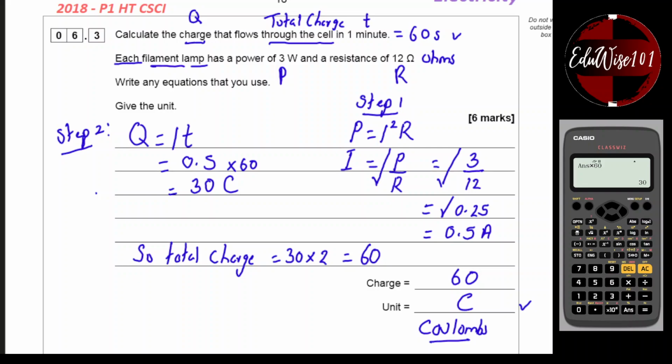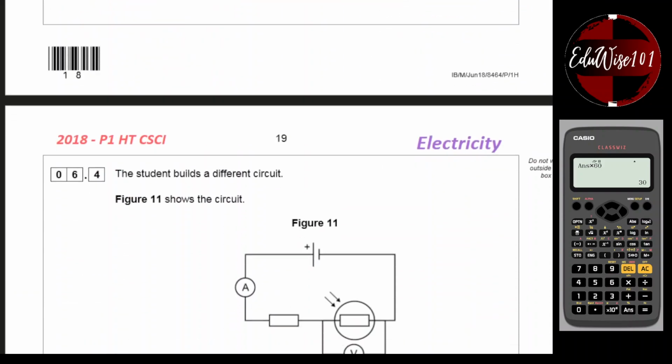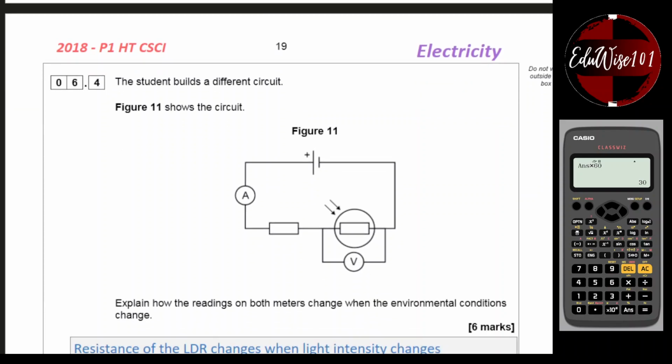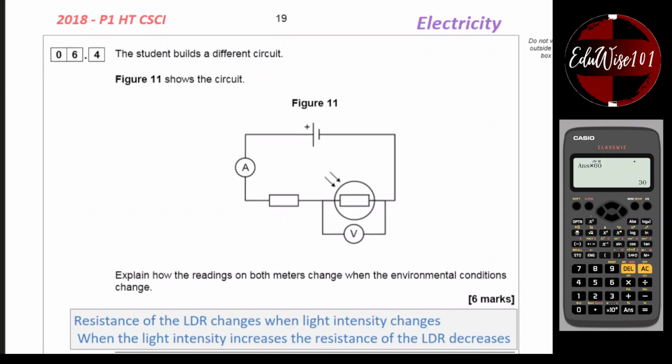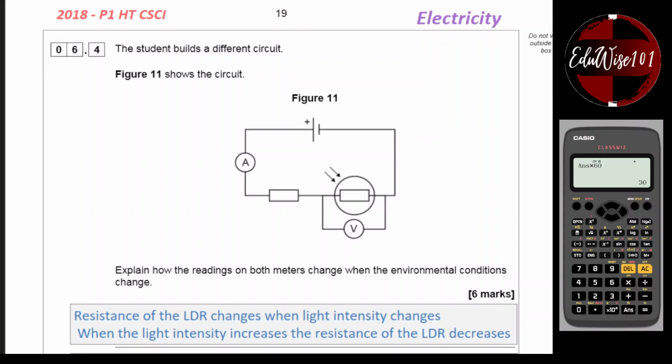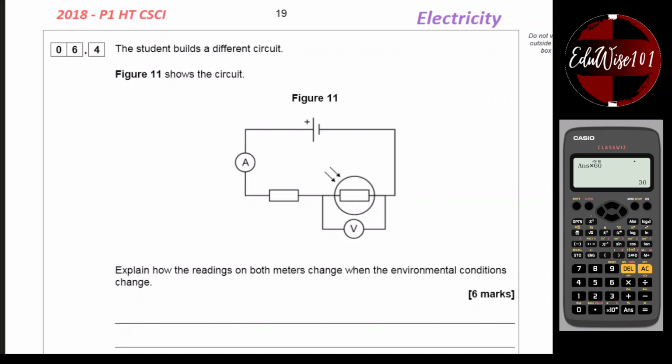Next question. Question 6.4. The student builds a different circuit. Figure 11 shows the circuit. So you got a power supply here. So let's label some of this.